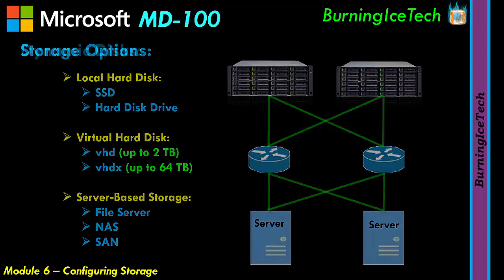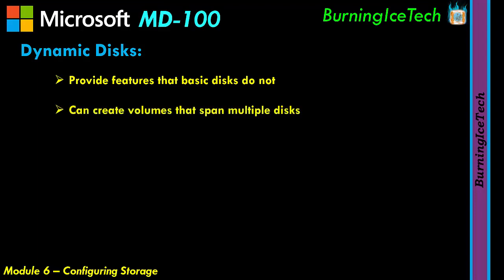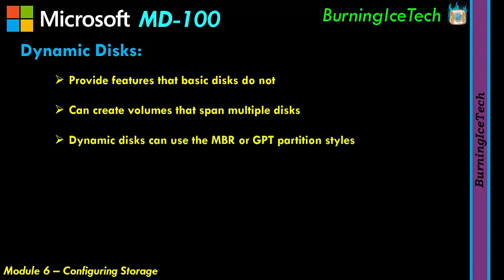Let's talk a bit about dynamic disks. Dynamic disks provide features that basic disks do not. You can, for example, create volumes that span multiple disks and fault-tolerant volumes. Dynamic disks can also use the MBR or GPT partition styles, something you guys might not have known about.